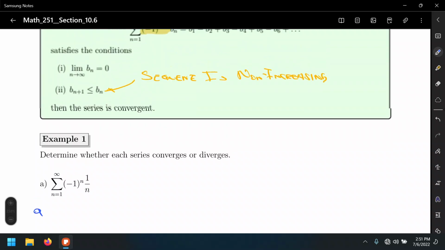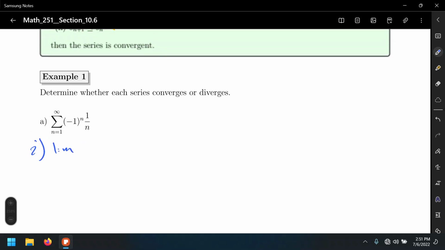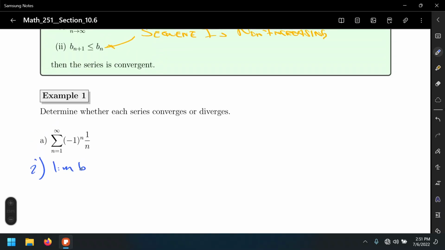Letter A: the limit of b sub n as n approaches infinity, which in this case is the limit as n approaches infinity of simply 1 over n. Again, it's without that alternating factor, only the remaining part of the expression. Where is this limit going to? 0. First condition is satisfied.